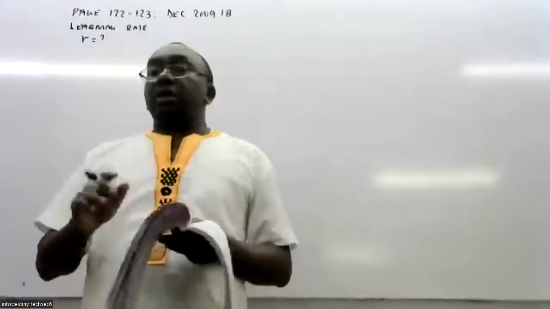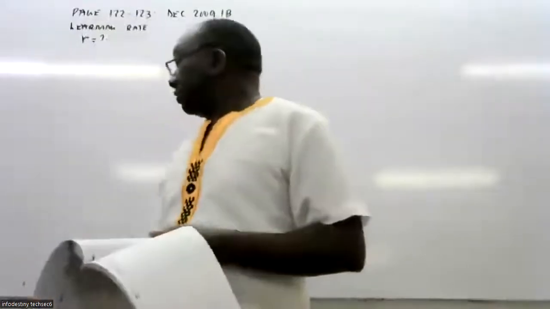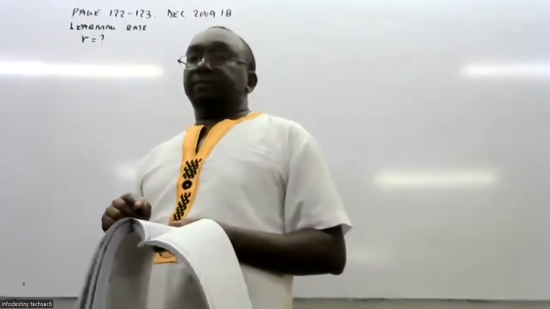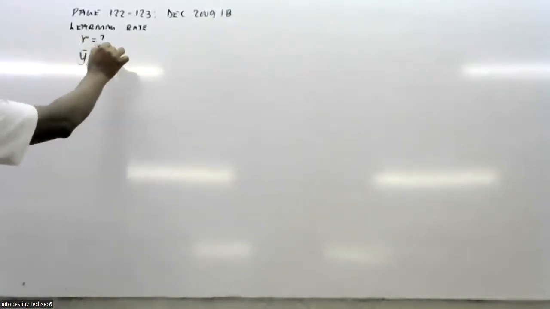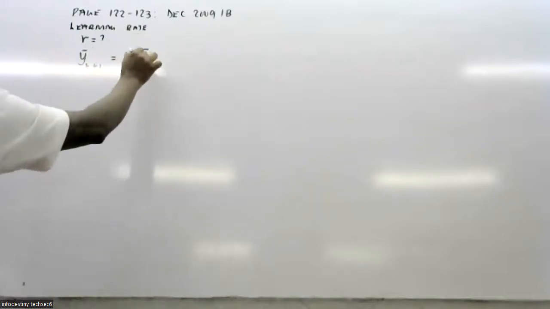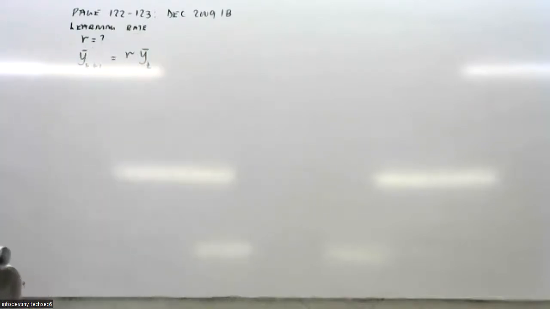Although in our derivation, in the question that we have just finished, R is equal to the antilog. But for you to get that, you must know B. But here we do not know B. Now, if you go to the table that we started with, the illustration, you'll be able to see there is a formula that contains R. Y bar T plus 1 is R times Y bar T. You remember that?